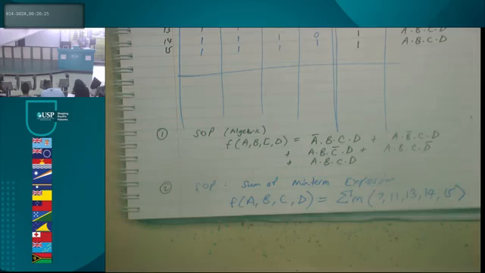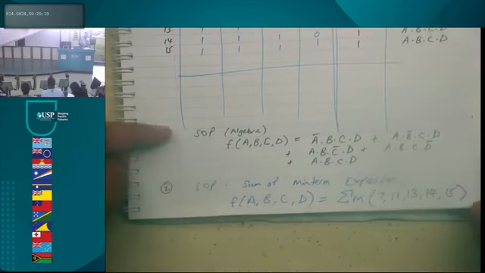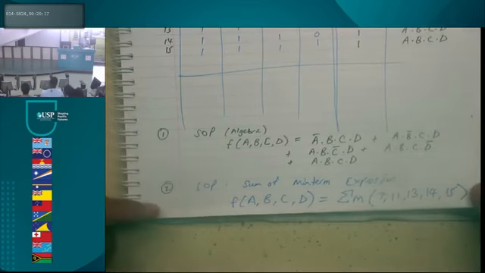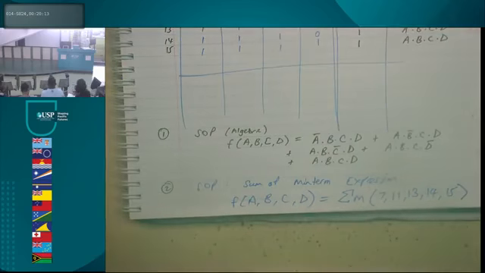Sorry, another step over here. Number 1 was the algebraic. Number 2 was rewriting that. This is just different notation. Both of these are sum of products, except for different notation. Just the notation has changed.